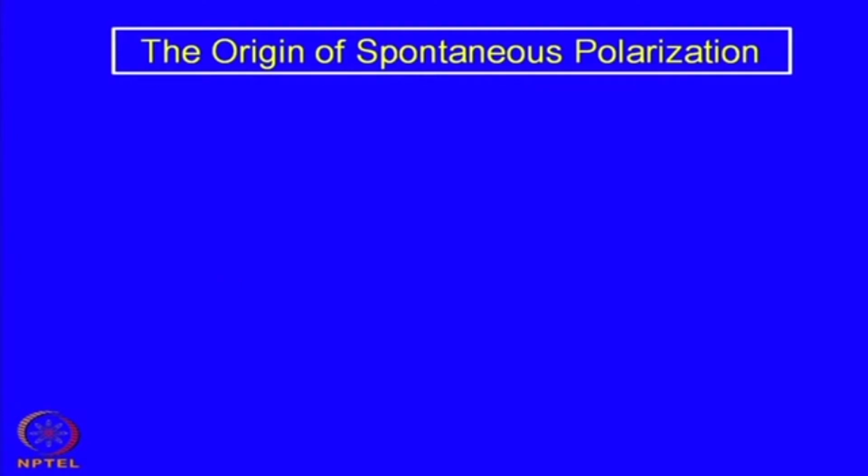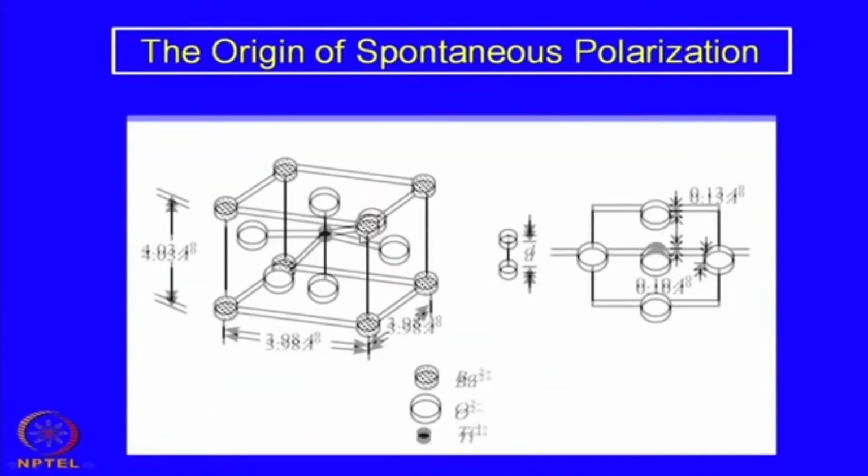The origin of the spontaneous polarization, as has been mentioned, the polarization even in the zero field, arises basically from the distortion of the crystallographic structure or the crystallographic lattice or the atomic positions in the crystal structure.